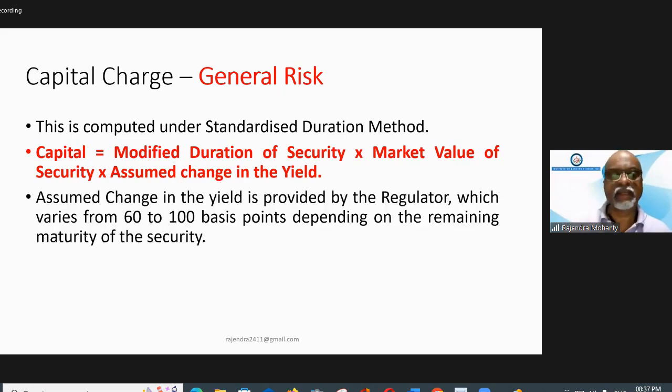Okay, as I said, the assumed change in the yield is provided by the regulator, RBI, and varies from 60 to 100 basis points depending on the remaining maturity of the security.